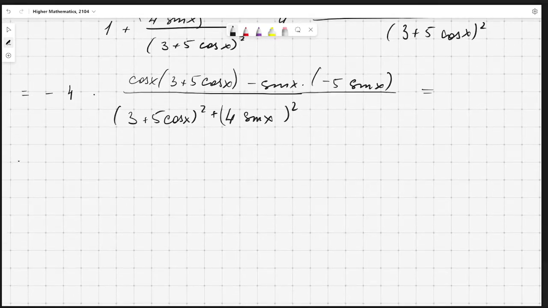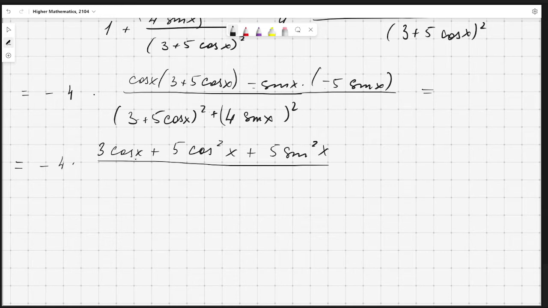We can see minus 4 times cosine of x times 3 is 3 cosine of x plus 5 cosine squared of x. Minus and minus give us plus 5 sine squared of x over 3 squared is 9 plus 3 times 2, 6 times 5, 30 cosine of x plus 25 cosine squared of x plus 16 sine squared of x.